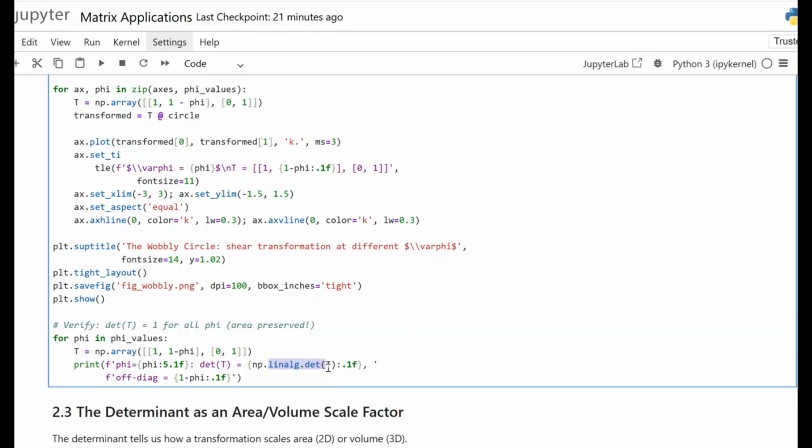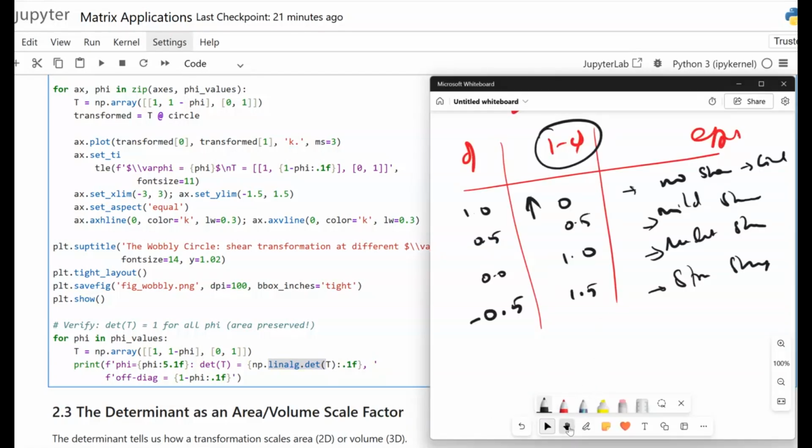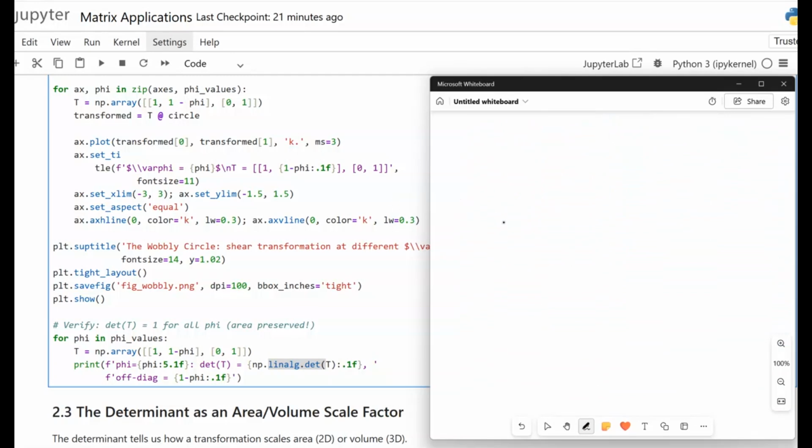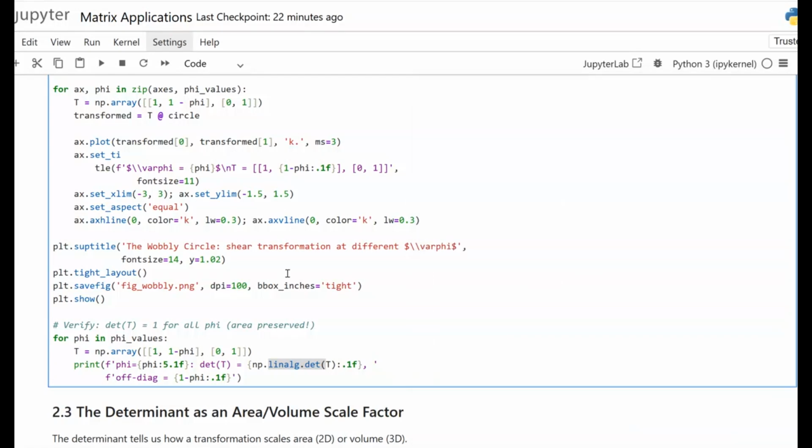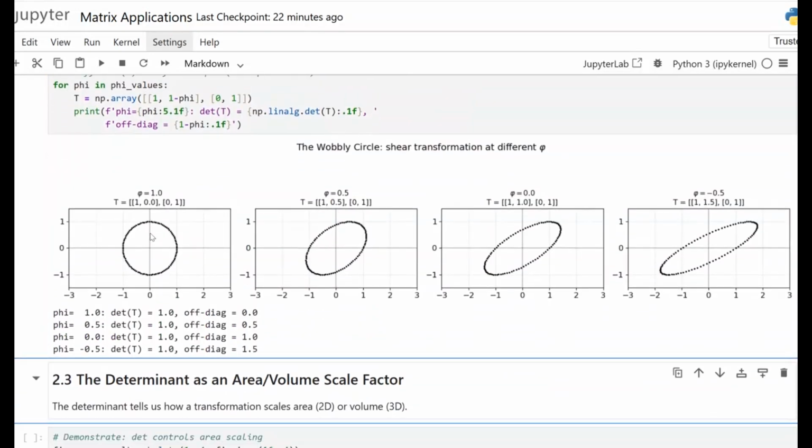For this, we are just going to have a value of a, so that T is equal to the matrix with 1 and a as the first row and 0 and 1 as the second row, where this gives the determinant of T equal to 1. Let me see what the output is, and let me go towards the visualization too. So here we just got the exact output.